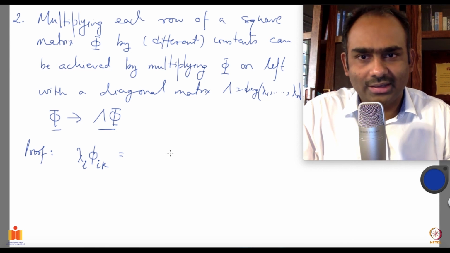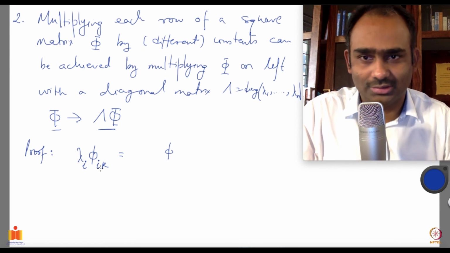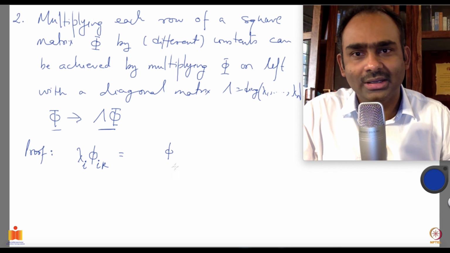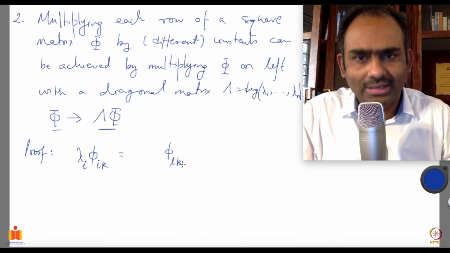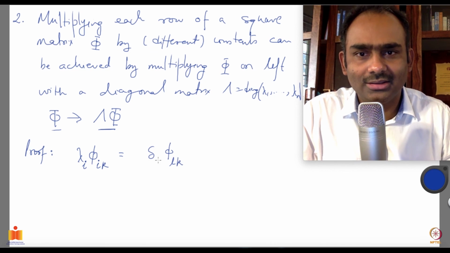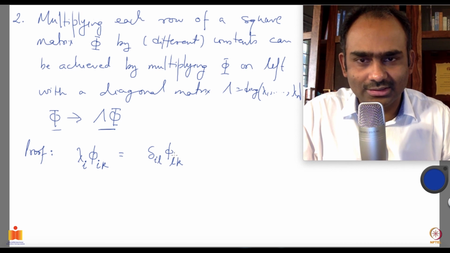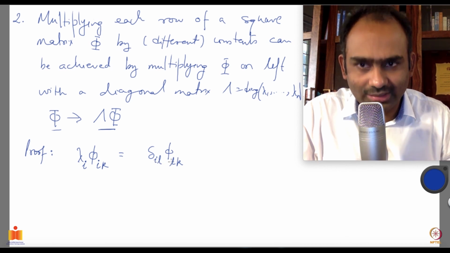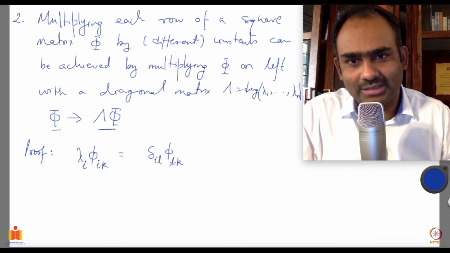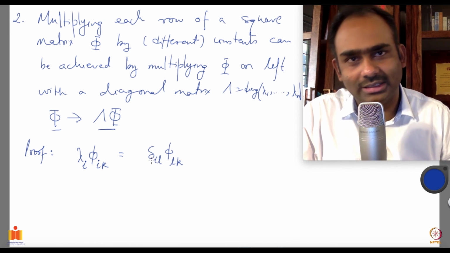And this you can write as before as phi. Again, there is no summation over I, that you remember, even though they are repeated. So let me write phi lk delta il. If I write this, I have made this into phi ik.